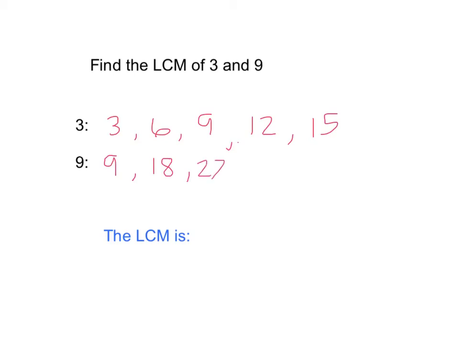I can already stop there because as I'm looking at my multiples of 3 and 9, it looks like both 3 and 9 can fit into the number 9. That is the smallest or least number that they both have in common in terms of multiples. So the LCM of 3 and 9 would be 9.